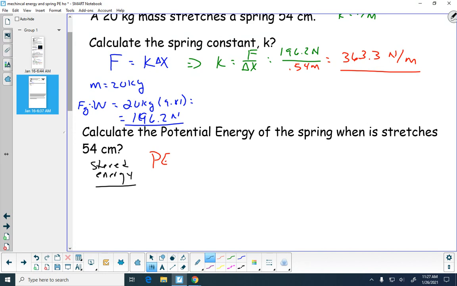Well, we can calculate potential energy as 1/2 K delta x squared. So we have 1/2 times 363.3 newtons per meter times our delta x, which is 0.54 meters squared.